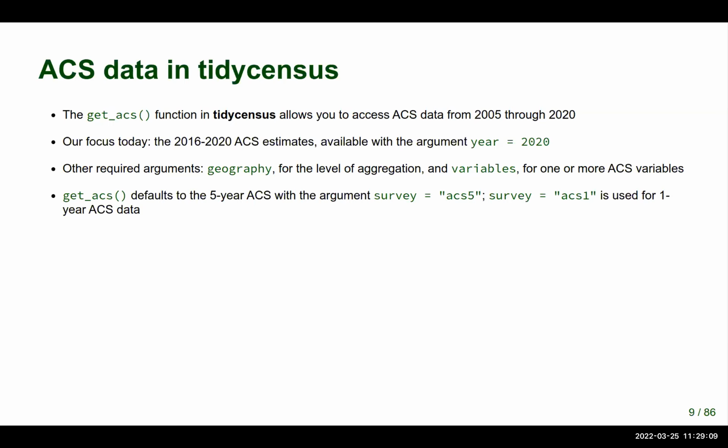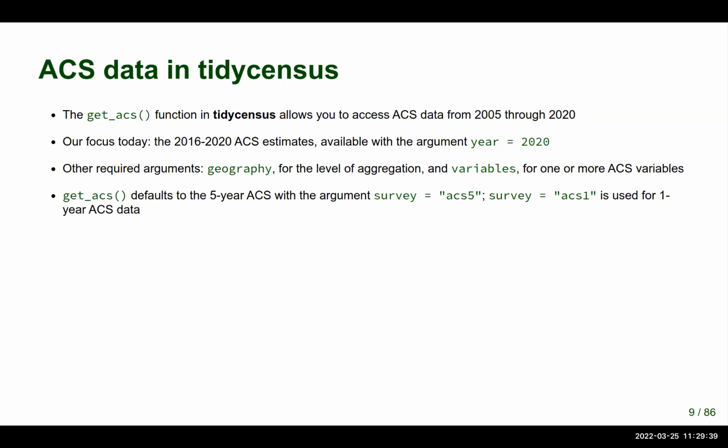So in tidycensus, we use the get_acs function to allow us to access ACS data. You can get ACS data for 2005 through 2020. And so we're focusing today on the 2016 to 2020 ACS estimates. So you'll supply the argument year = 2020 to get_acs. In the next released version of tidycensus, when I ship it off to CRAN with all the new updates, this will be the default year in get_acs.